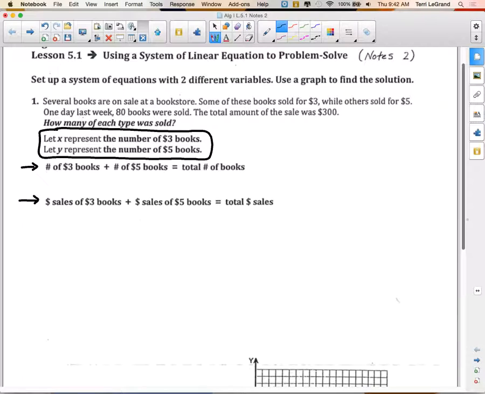And then our other sentence is the dollar sales of $3 books. How many dollars are taken in selling the $3 books? Plus the dollar sales of $5 books. How many dollars are taken in total for selling just the $5 books? Add those together, it should give us the total dollars of sales. So you should be able to write an equation for that one also.